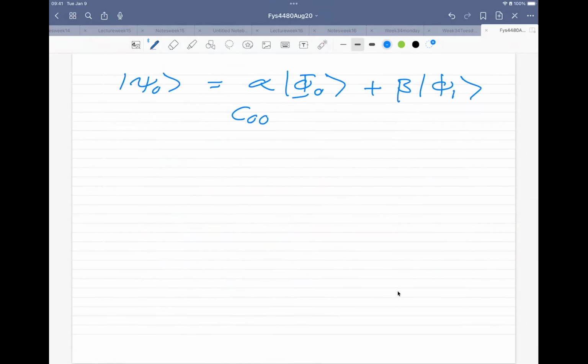And this is the same as this C01. So these are the unknown matrix elements, which we would need to find by some recipe. And if we have two states, this will lead to a 2x2 matrix. We know that that leads to a second order problem, which we can solve analytically by paper and pencil. So that's a pretty trivial case.